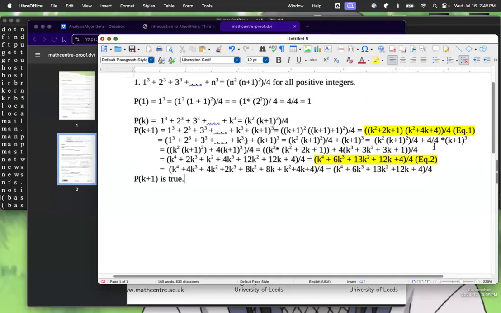Okay, so now here's the thing. Now we could say that because we know that this whole principle holds from P of 1 to P of k to P of k plus 1, that P of n is true for all n.